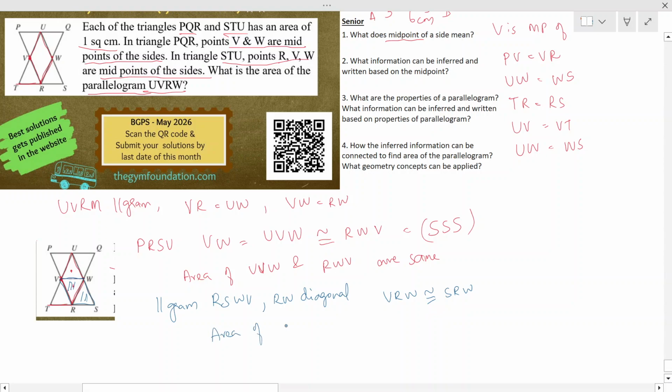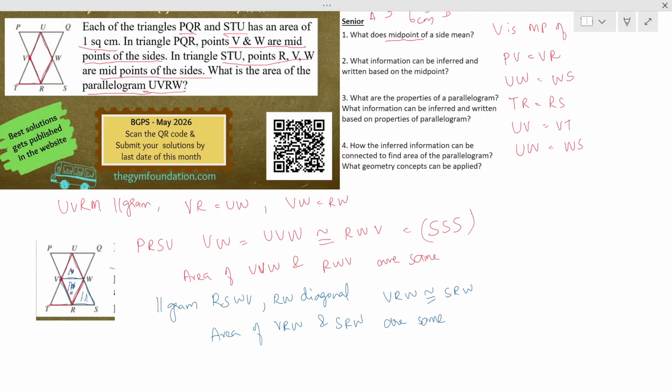So what does it mean then? The areas of VRW and SRW are the same. These top and bottom triangles have the same sides, so the areas are the same. So now we know that this top triangle and the bottom triangle areas are the same, and SRW and VRW are also the same.